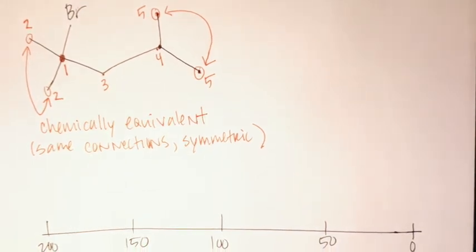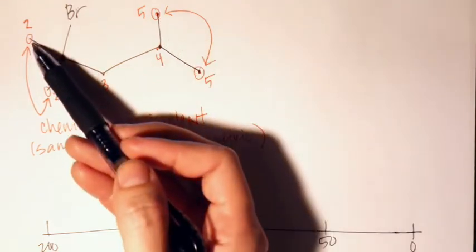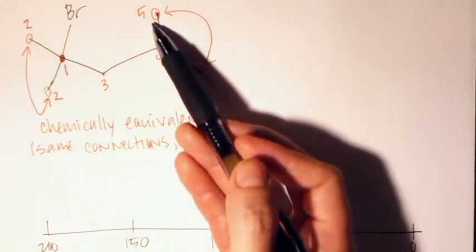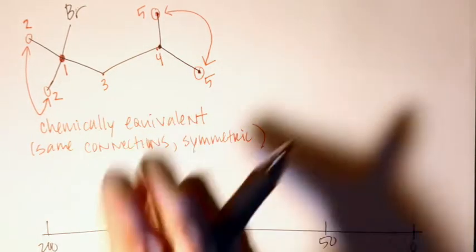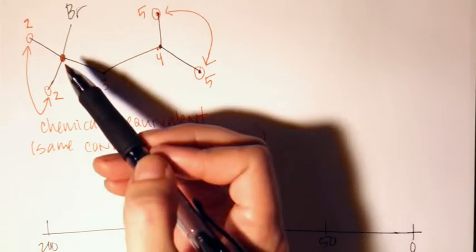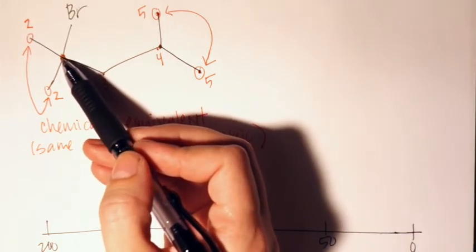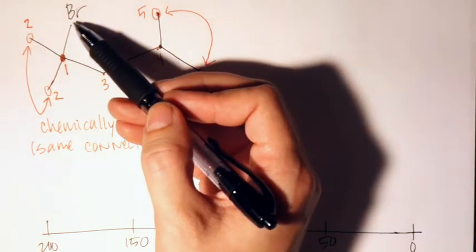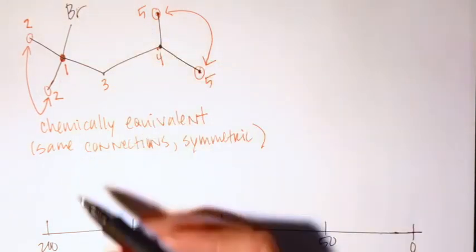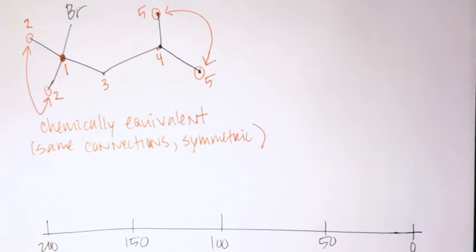All right, and so again, these are all going to be in the alkyl region down here, kind of 0 to 50, because they're all, well, at least 2, 3, 4, and 5, just regular sp3 carbons attached to other sp3 carbons. Carbon 1 will be a little more downfield, but not a lot, because bromine, if you look at it on the periodic table, is not as electronegative as, say, a nitrogen or an oxygen. So it's not going to pull it that far.